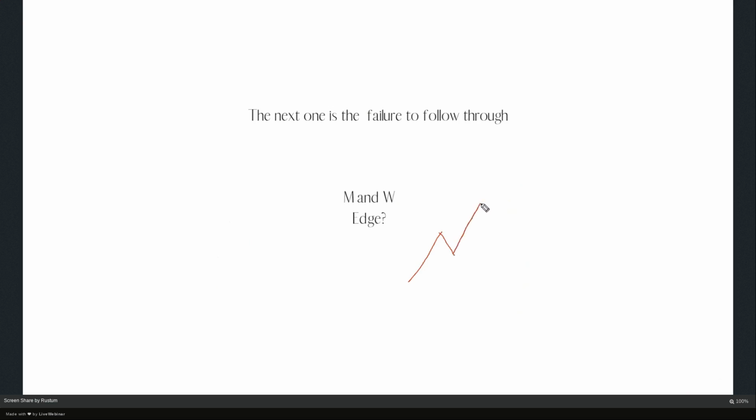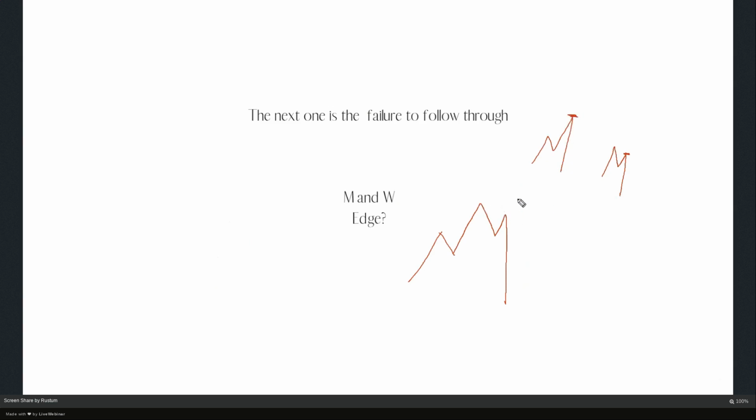And then it comes down, and then is this one going to follow through or not? This one decides no. And it stops, and then we have an M that looks like this now. So our first M, where it follows through, looks like that. And our second M looks like that. That's the point there.